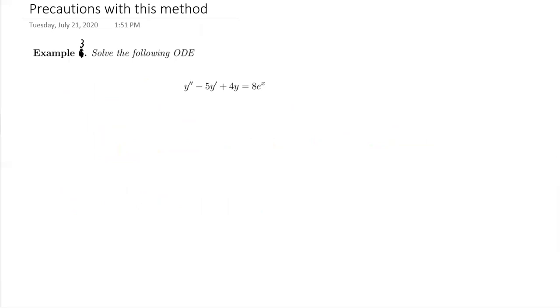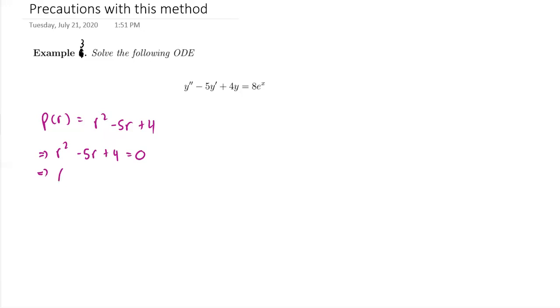So let's go ahead and solve this ODE. It's second order, linear, non-homogeneous. We've done this now, this is our third time, so let's just do it. Find the characteristic polynomial for the homogeneous case. This is going to be r squared minus 5r plus 4, set equal to 0. Hopefully this factors.